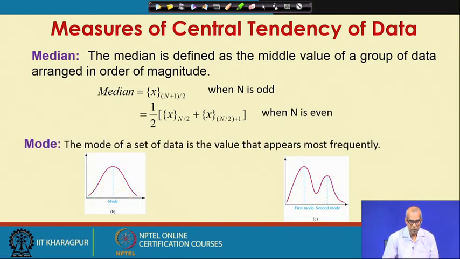Mode. The mode of a set of data is the value that appears most frequently.